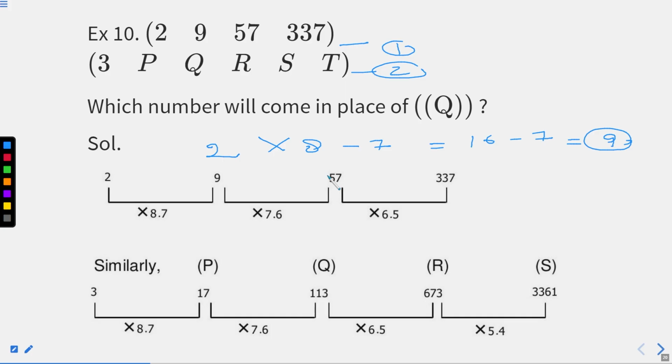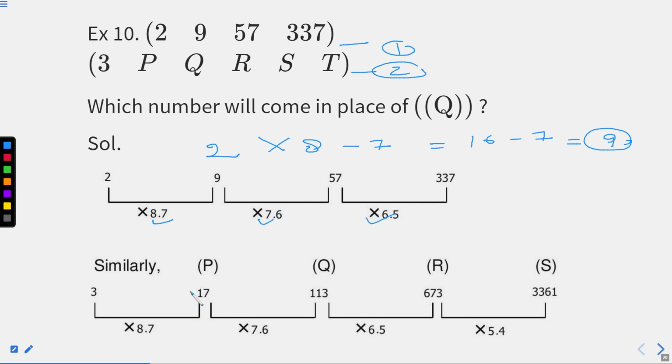Now the pattern that we are going to follow is, we are going to multiply the next number by 7, the next number by 6, the next number by 5, and so on. So the sequence that we are following here is related to multiplication by 8, multiplication by 7, multiplication by 6.